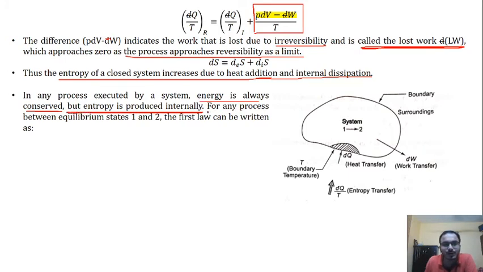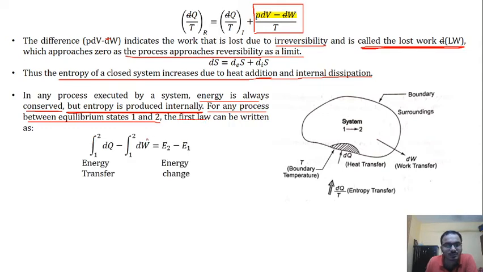Okay, for any process between equilibrium states 1 and 2, the first law that we can write down is in this way. So if you recall, our standard formula was like this: Q is equal to delta E plus W. So we have written the same equation in integral form over here.